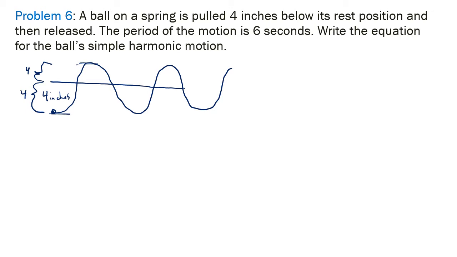Well, if we're trying to write an equation that deals with this, our two options are cosine and sine. Now, since this right here is our x-axis and the ball on the spring is down here, that's representing the cosine wave. Because a sine wave, as you remember, is going to start on the axis and go up, down like so.